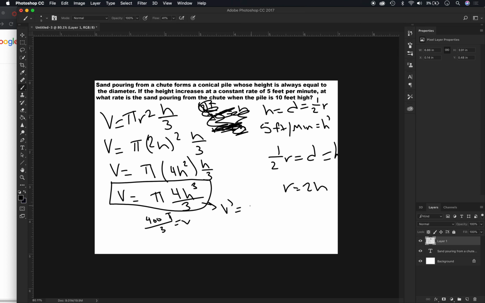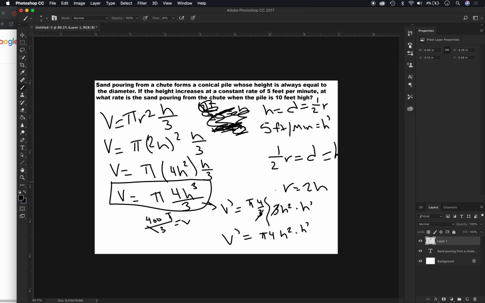Now we're going to take our derivative of this entire equation. So we could take the pi and the 4 over 3 right out. And then we can do 3h squared times h prime. So, oh, we didn't even need v. Whatever. That's fine. So v prime equals... that's going to cancel, so that's going to be pi 4 h squared times h prime.